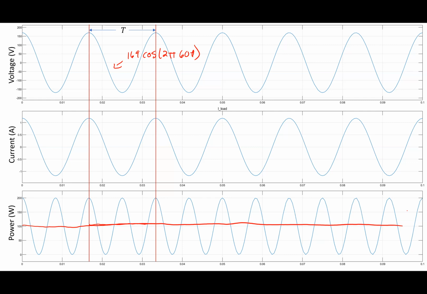If I look at this waveform on the bottom, so Ike, thanks for stepping up to say something, what I see here is that the average value of that power waveform, the bottom is 0, the top is 200, and 100 is right in the middle. It's the average value of it.